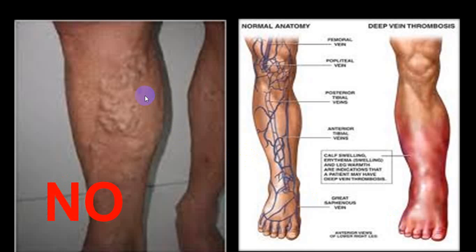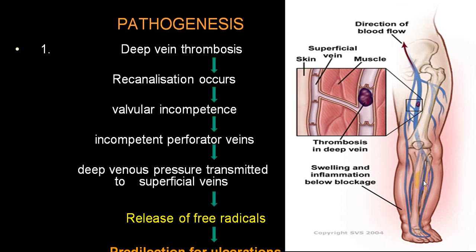Here there is a varicose vein, may or may not be because of deep vein thrombosis, but this is definitely in favor of deep vein thrombosis because there is edema plus inflammation. Now this deep vein thrombosis can recanalize. It can give rise to valvular incompetence, incompetence of the perforator vein system, and then it will give rise to what we call a varicose vein.